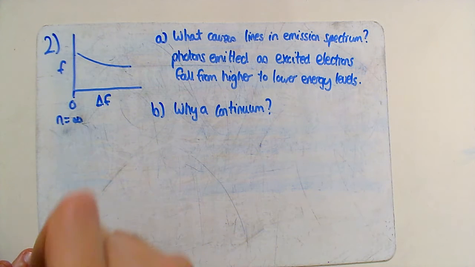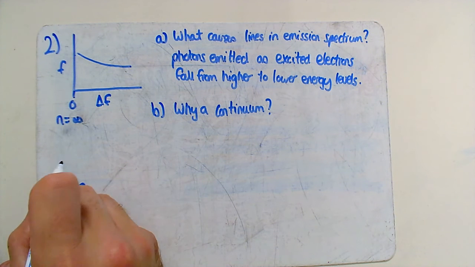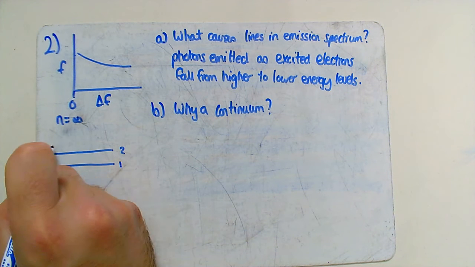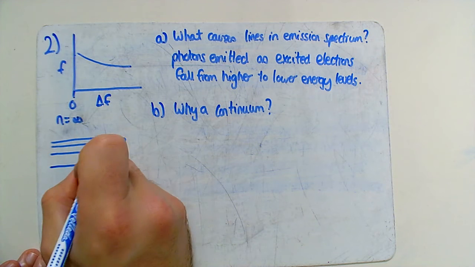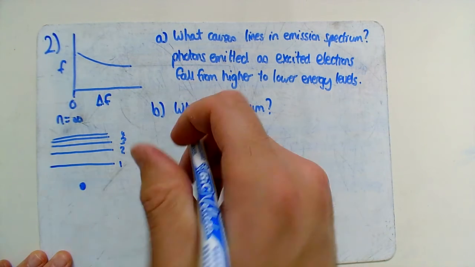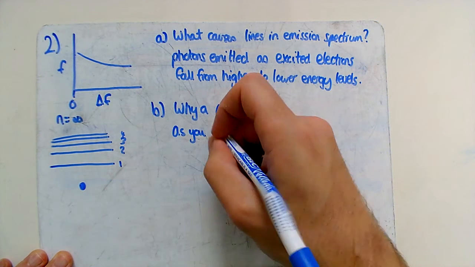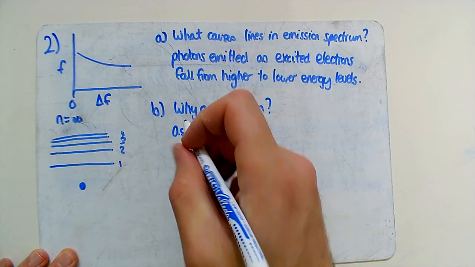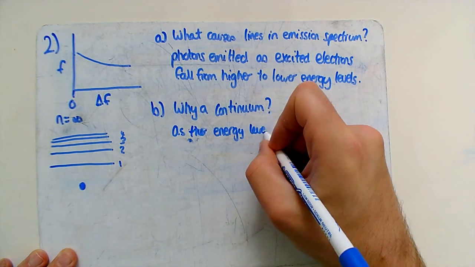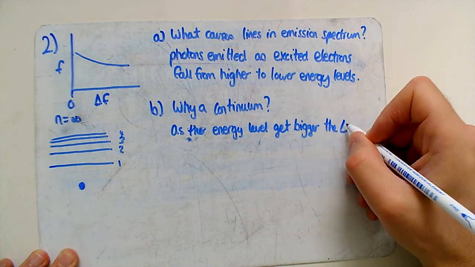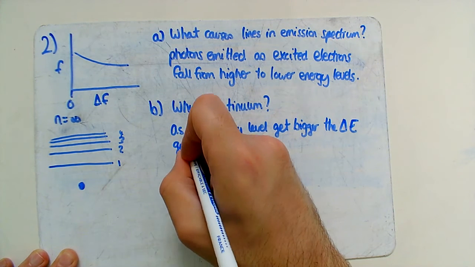Why does that happen? Well, I'm just going to draw a wee diagram here, which is our nucleus here, and as we move out from it, we have n equals 1, 2, 3, 4, 5, etc. And you can see, as you move out, as the energy level gets bigger, the difference in energy gets smaller.